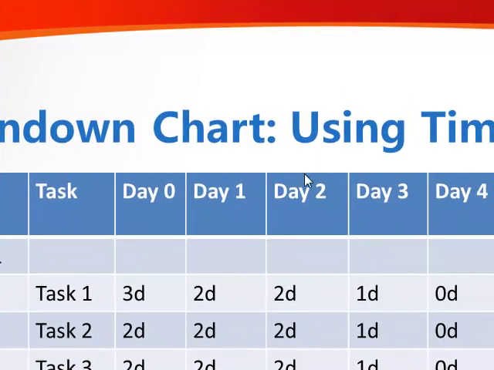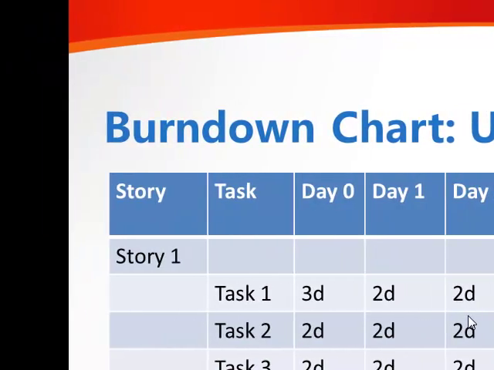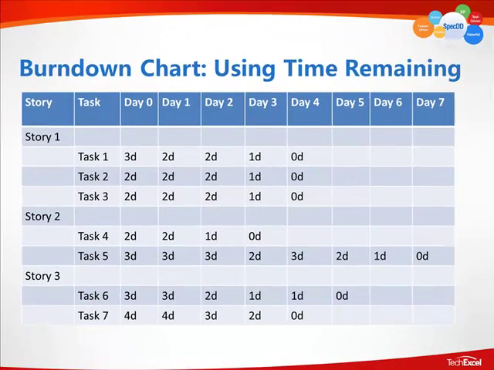Now, on day 2, if the estimation was still on track and correct, this would be shown as 1 day. However, for this particular task, it's not. It's still stuck at 2 days. This could be because the original estimation was incorrect, or it could mean that this developer was pulled off to another task and so did not have any time to work on task 1.